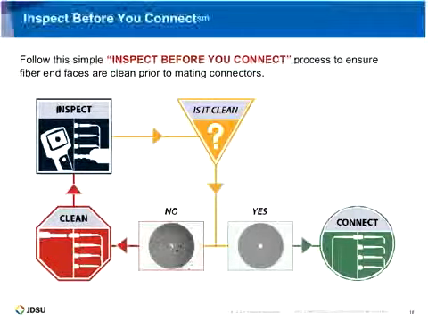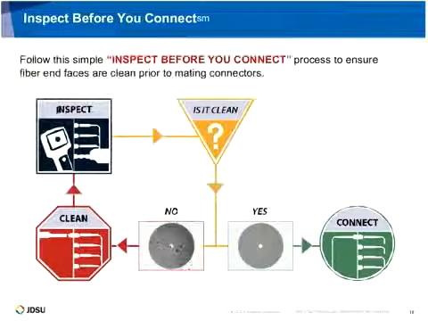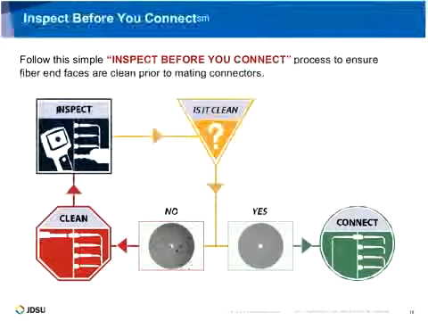This is particularly important if you're dealing with a situation where you've already connected a dirty connection and now you're sort of in troubleshooting mode, where a lot of that debris may have been embedded into that glass end face, and so it's not necessarily going to come off with just a one swipe cleaning approach or something.